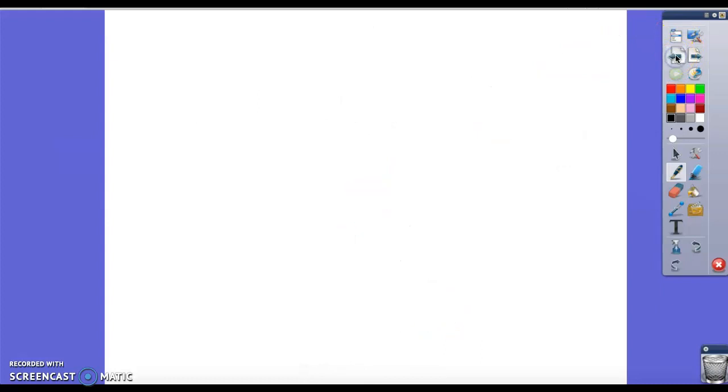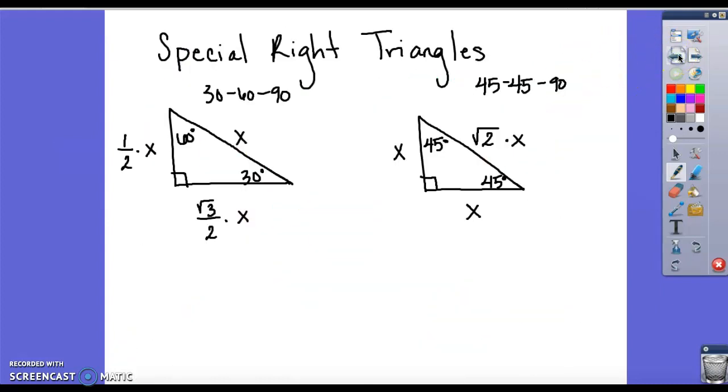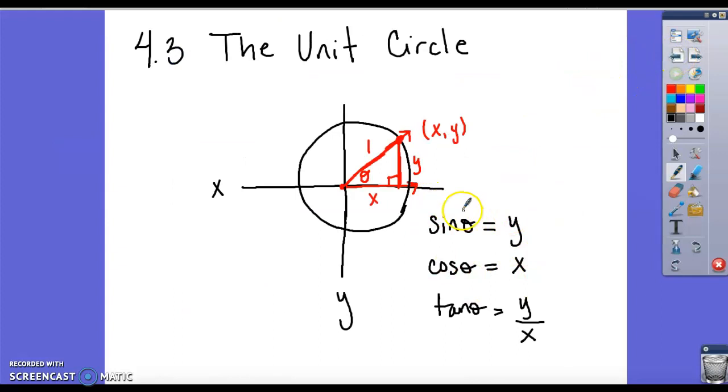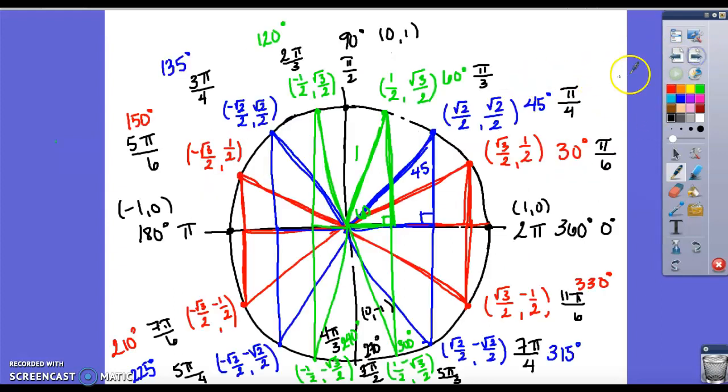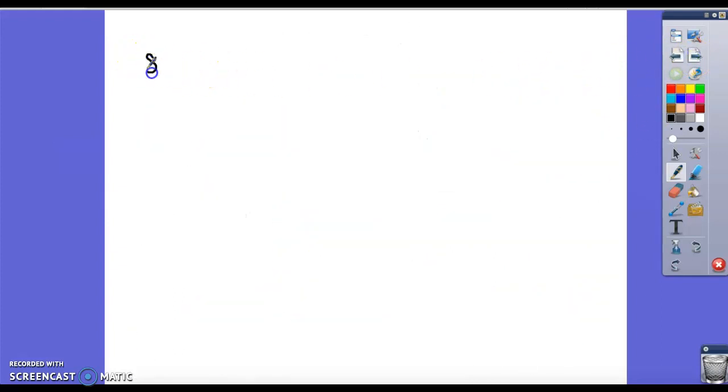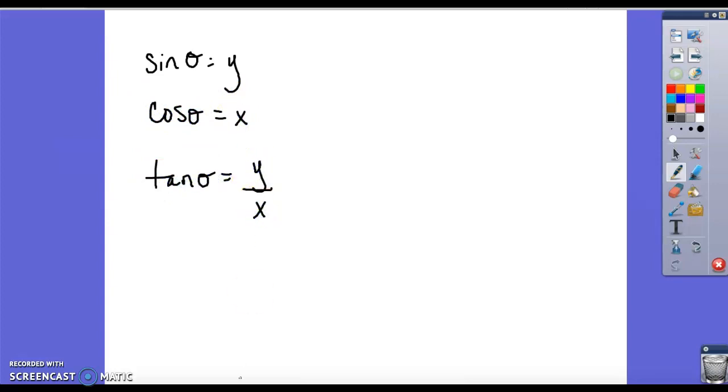Okay, so how do we use this? We need to go back, remember, to where we said the sine of the angle is the y-coordinate, cosine is the x, and tangent is y over x.